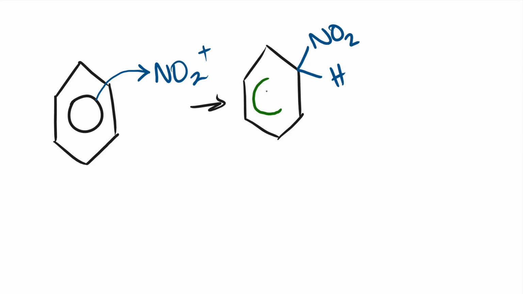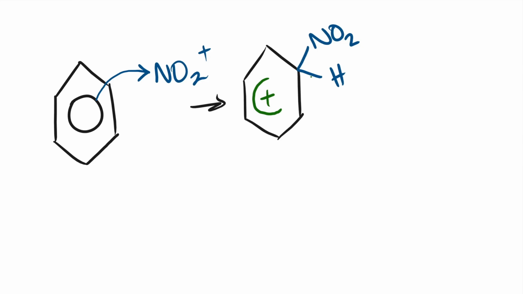The additional thing is because we formed a dative covalent bond with this nitrate, I keep calling it nitrate, our nitronium ion, there is positive charge here because it's lost negativity, it's lost electrons. So you'd have to denote that with a positive charge in the horseshoe. Okay, and what's going to happen here is this hydrogen, which is very common for all these mechanisms, is like, you know what, mate?